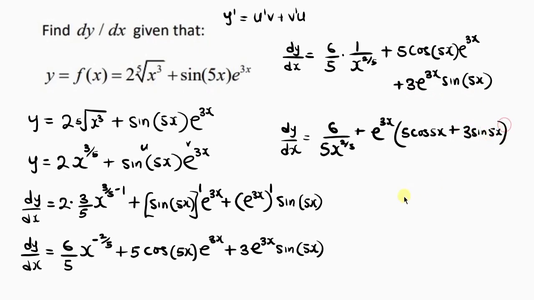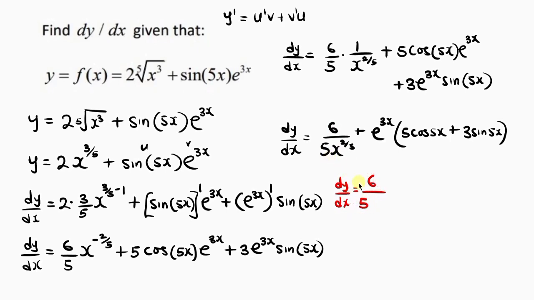That is it. Now we need to write this in a simpler form. Remember, it was in a root sign. So instead of writing a fractional power, we're going to replace that with a root because a fractional power represents roots, right? So the dy/dx becomes 6 over 5.